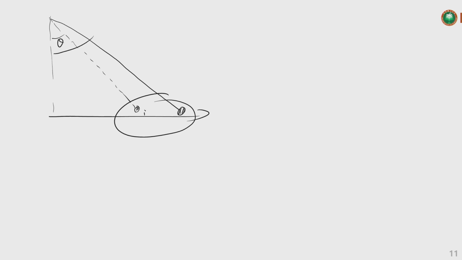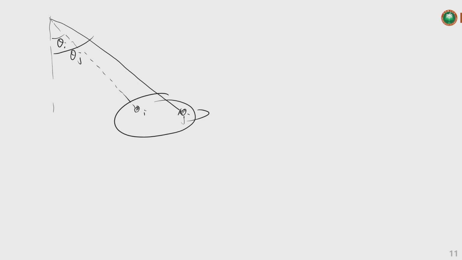So this is I, this is J, for example, theta I, theta J. They have different elevation angles. That means the expressions for the radar cross section should be different.